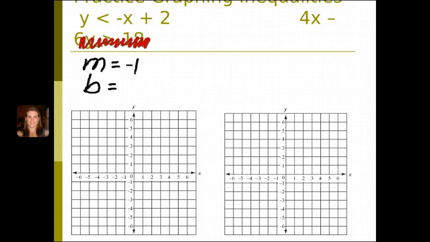There's an understood 1 in front of this x right here. And our y-intercept is 2. So we would start on the y-axis at +2. And since our slope is a -1 or -1/1, we are going to go down 1, to the right 1.